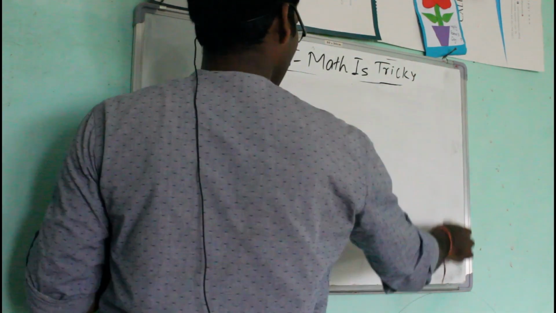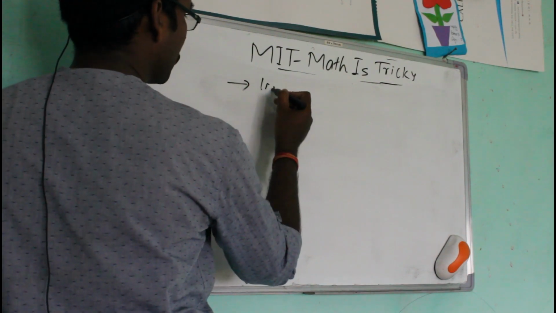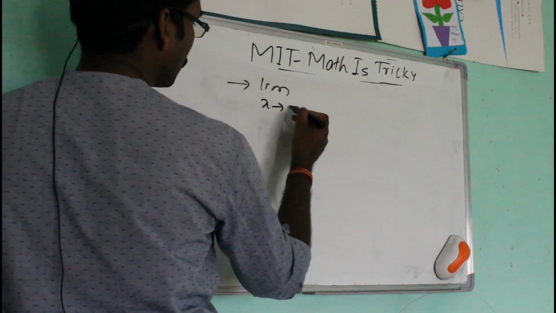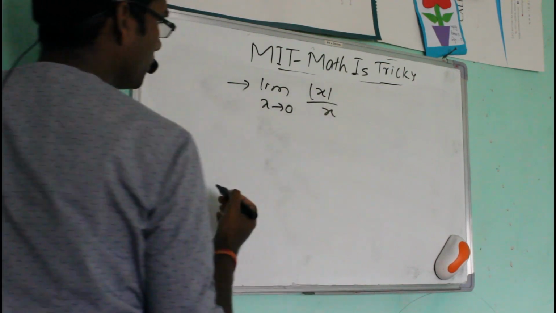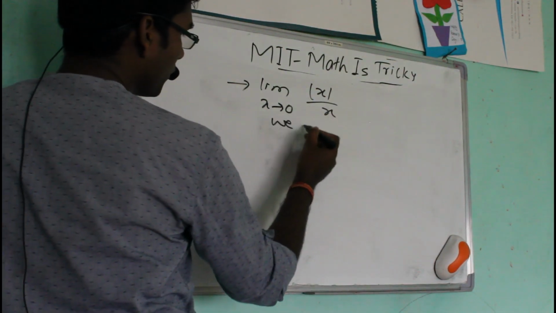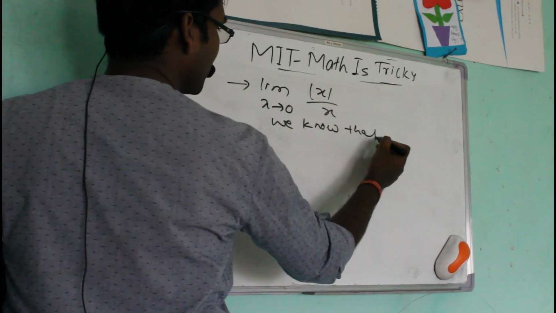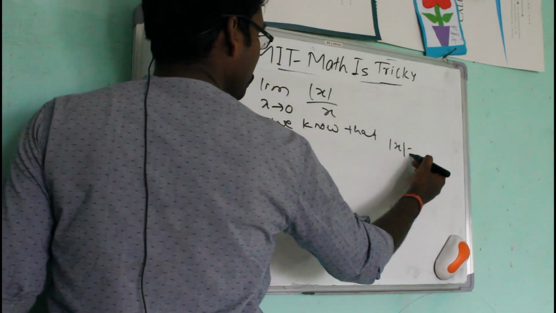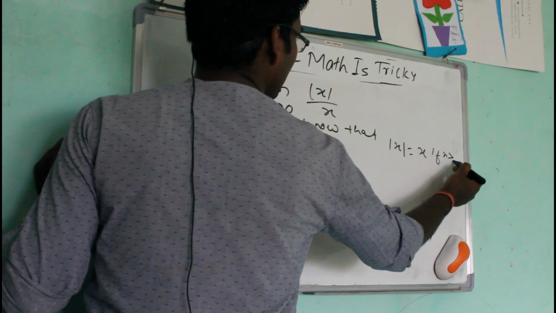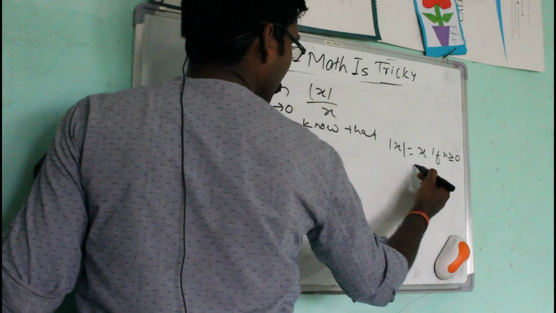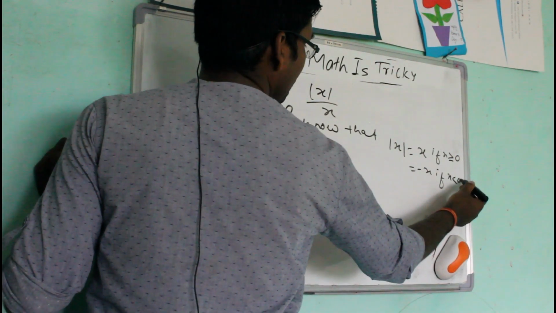Let me take one example and explain it. Suppose the function is, let's calculate limit x tends to 0 of modulus x by x. How do we calculate this? We know that modulus x equals x if x is greater than or equal to 0, and minus x if x is less than 0.